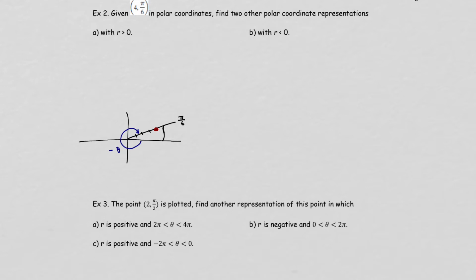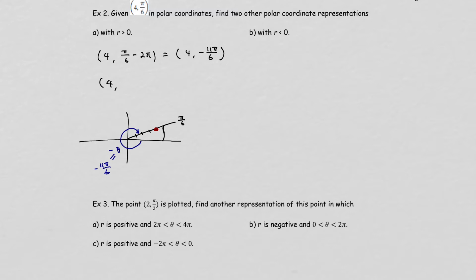So we wanted to do 2 more points with the positive. We will do pi over 6 minus 2 pi, which will give you (4, negative 11 pi over 6). So that blue theta can be negative 11 pi over 6.